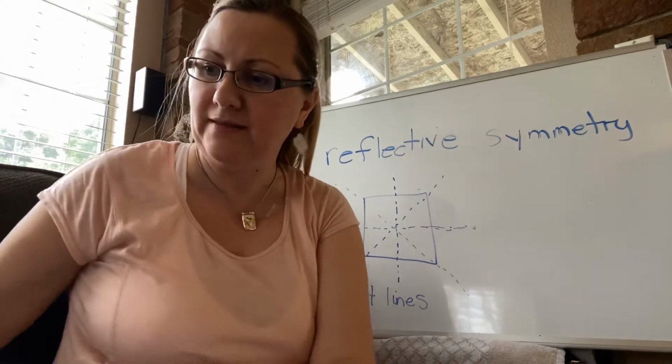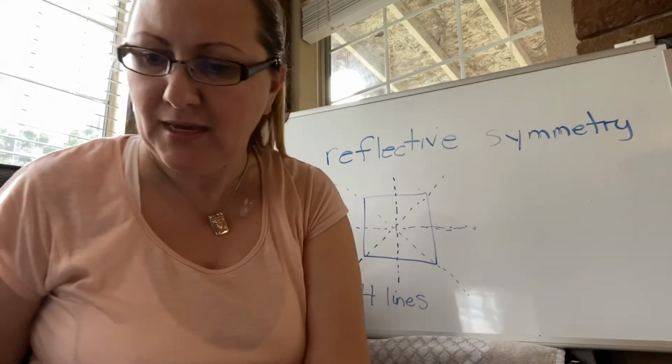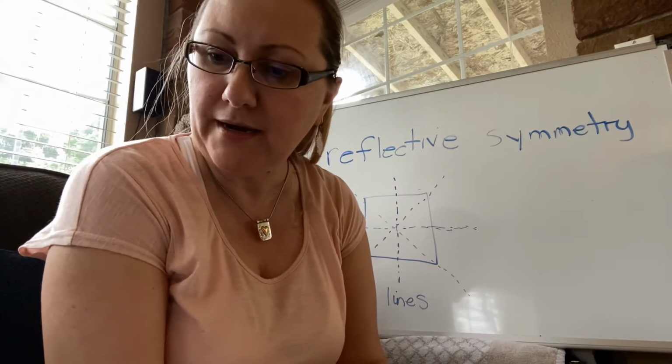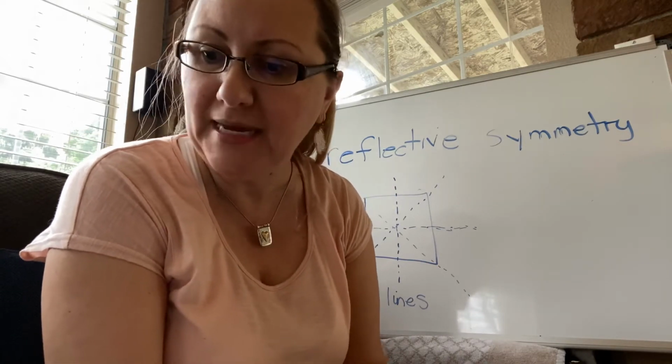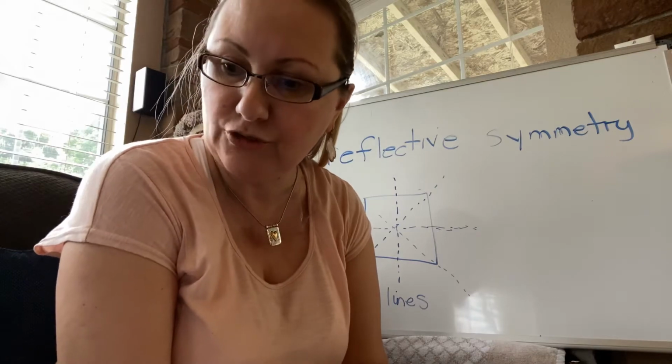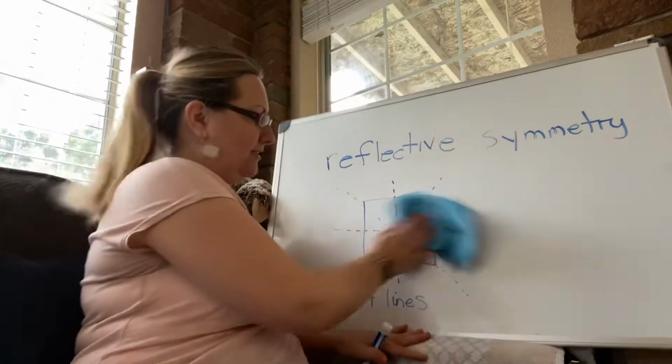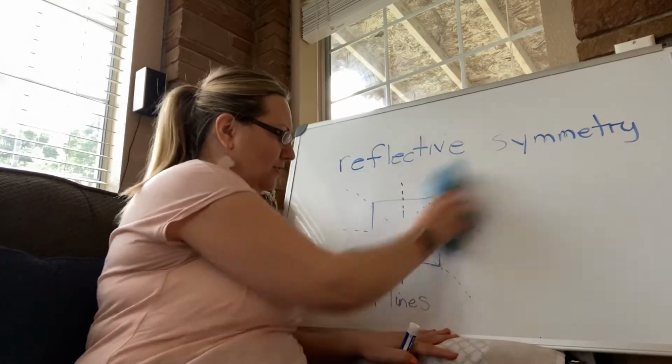Let's go on to our lesson practice, letter A. We see a figure, and first the instruction, of course: copy each figure and draw the lines of symmetry if there are any. So let me erase this. And we have some sort of shape that almost looks like a crown.